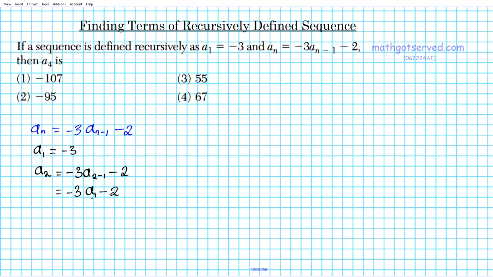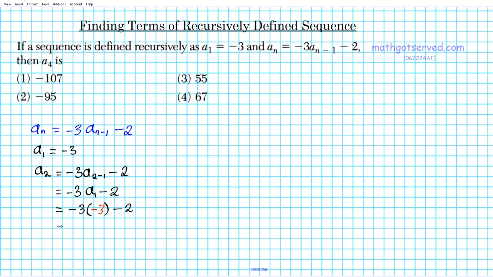We already know a1 is negative 3, so we substitute that right here, making the substitution of the first term into the recursive definition, minus 2.